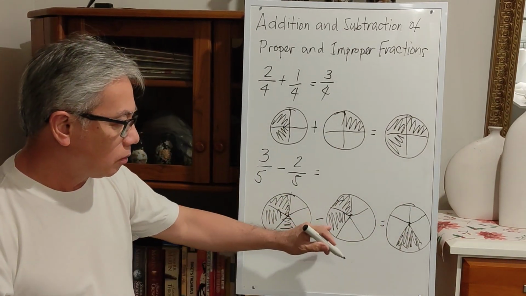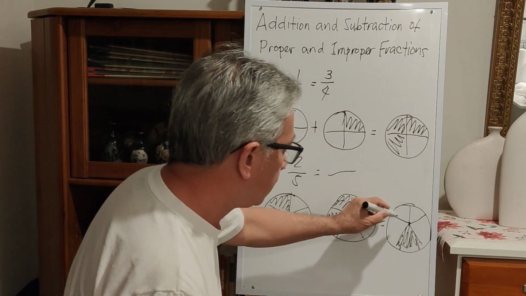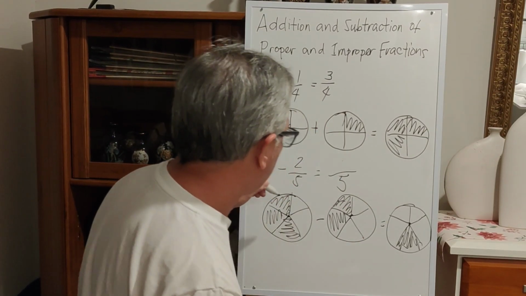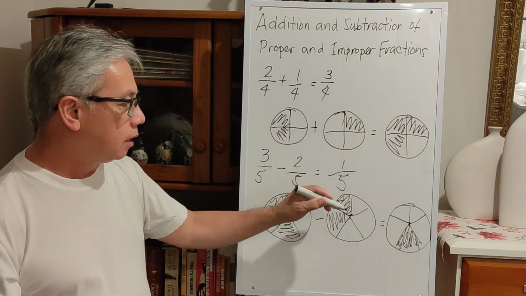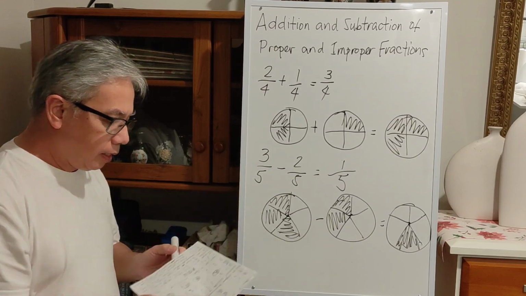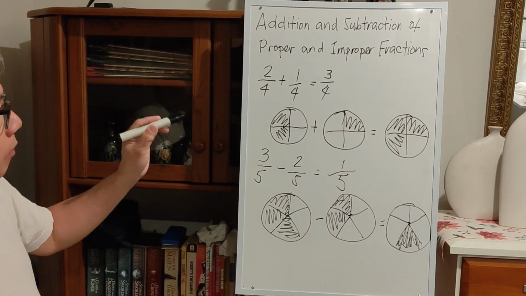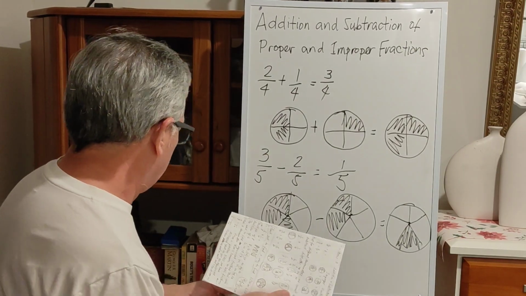So 3 minus 2 becomes 1. This is 5 equal parts, so 5. 3 minus 2 is 1. So we just copy the denominator and we subtract the numerator. So that's for addition and subtraction of fractions that have the same denominator.